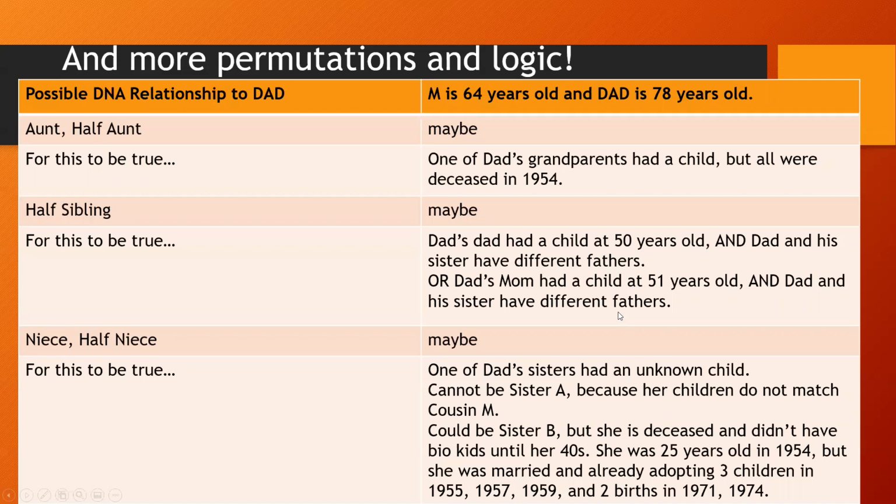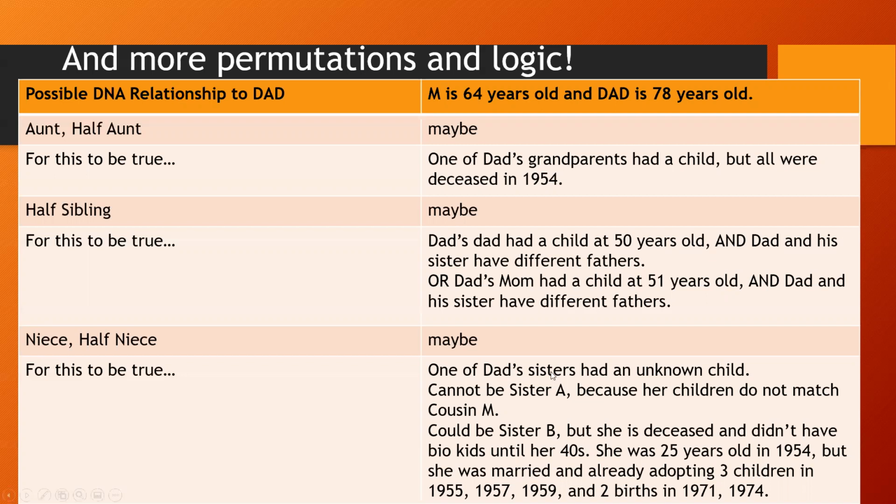What you might notice about that is that the conclusion for both is that dad and his sister have different fathers, given the fact that that first set of first cousins, the three first cousins of dad's sister, weren't matches to cousin M. So that, again, we might have to revisit, but that's what I'm starting with.